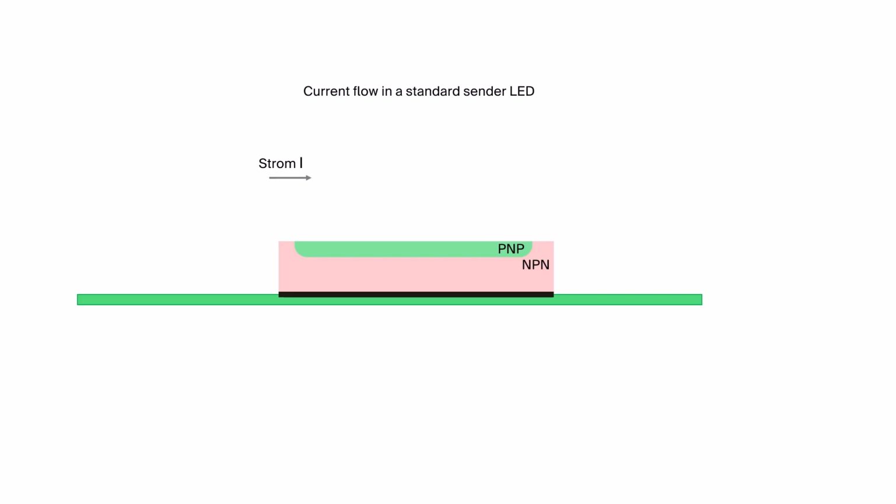In a standard sender LED, the current to generate the light is distributed via a bond wire in the middle of the LED surface. The current flows from the contact point to the back of the LED and generates the light at the transition from the PNP area, which is green in the animation, to the NPN area, which is light red in the animation.